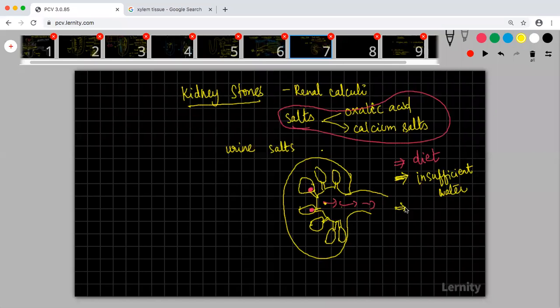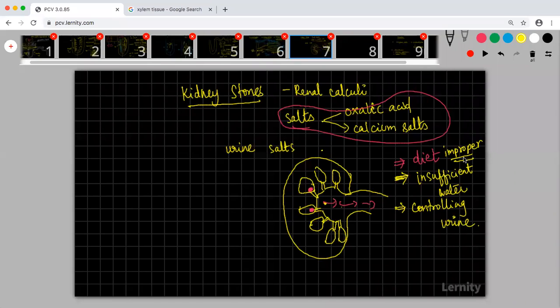And the third reason can be controlling urine. If you're doing these things, the diet is improper. What is the meaning of improper? It means you are consuming some kinds of foods too much, more than necessary.